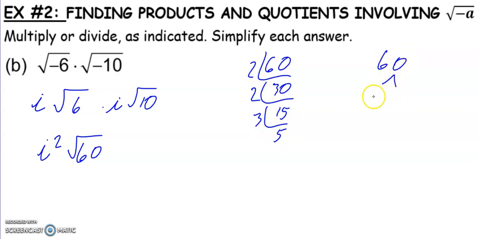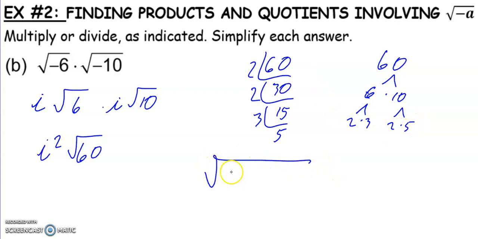Some people like factor trees. You could have done 6 times 10, and then you could have said 2 times 3, and then 2 times 5. They're the same thing, because in both cases, we're taking the square root of 2 times 2 times 3 times 5, because 2 times 2 times 3 times 5 is 60.